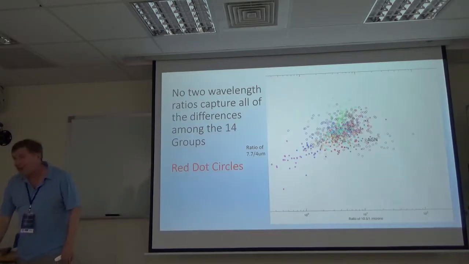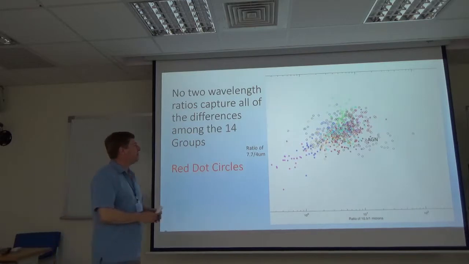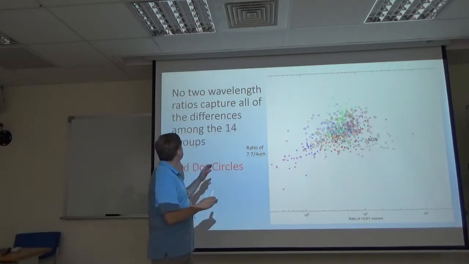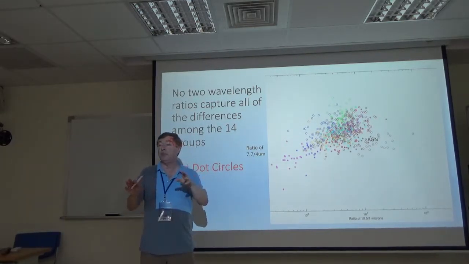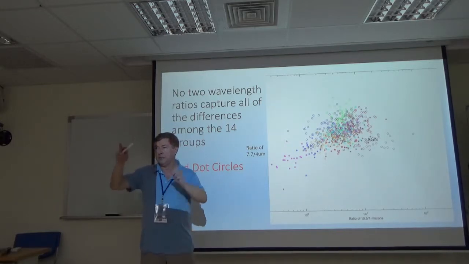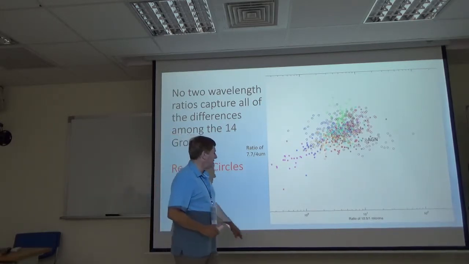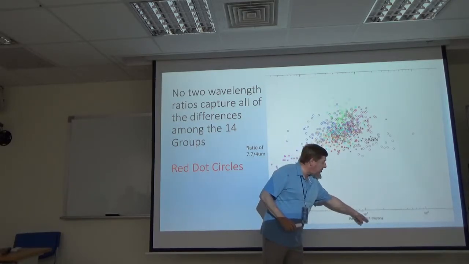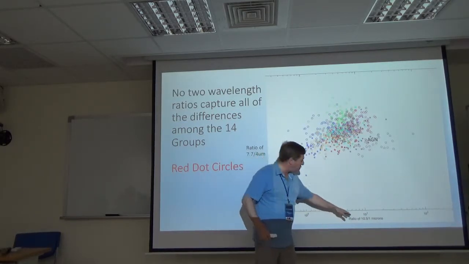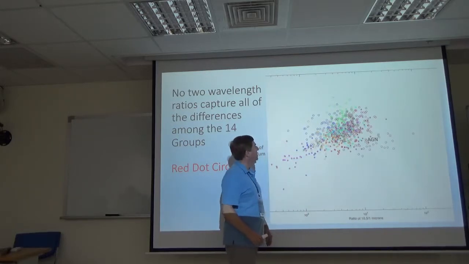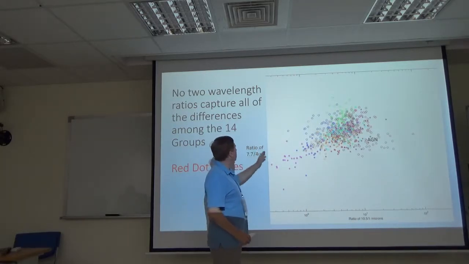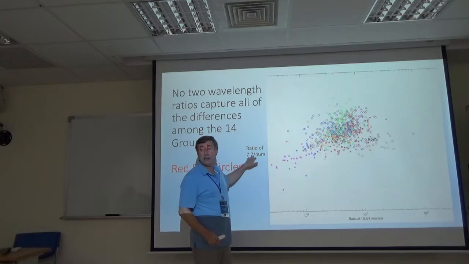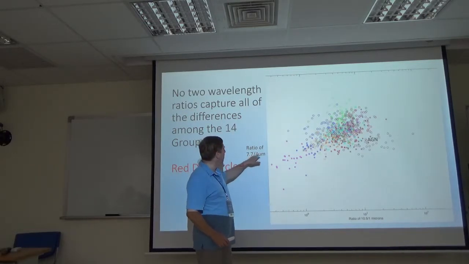By the way, these 14 different templates are complicated. You cannot describe them simply with a few different colors. For example, the x-axis here is basically how red the galaxy is: 10 microns divided by 1 micron, so that's the warm dust compared to the starlight continuum. The vertical axis attempts to measure the strength of PAH, comparing 7 micron to 4 micron.